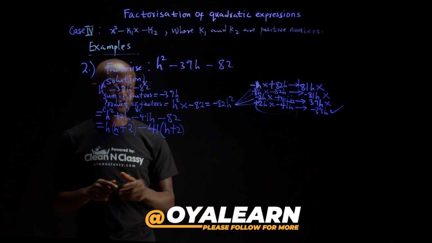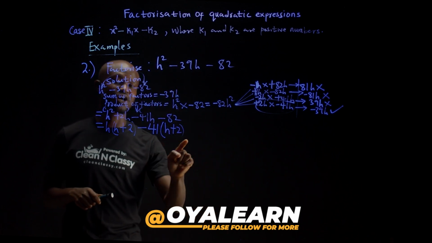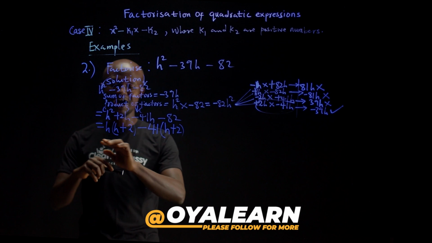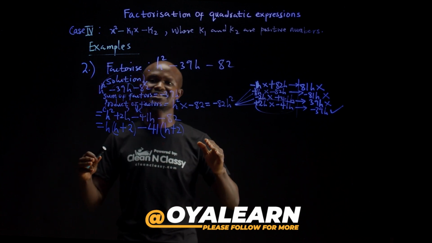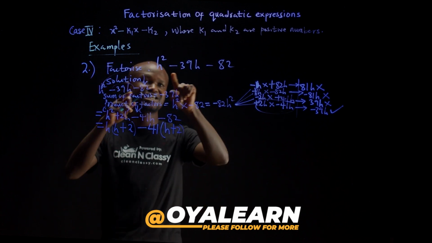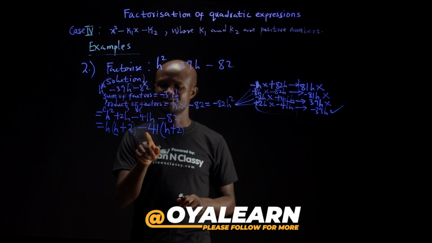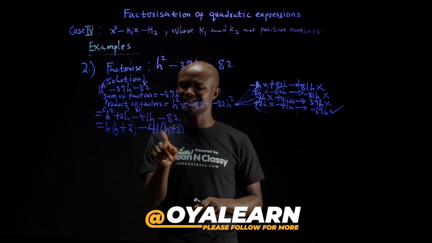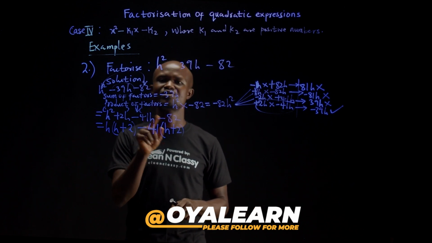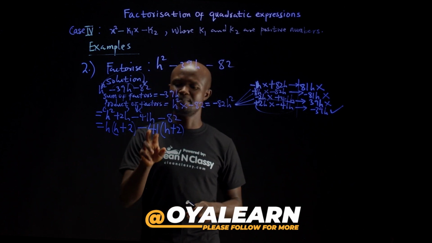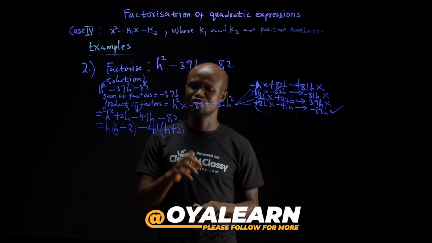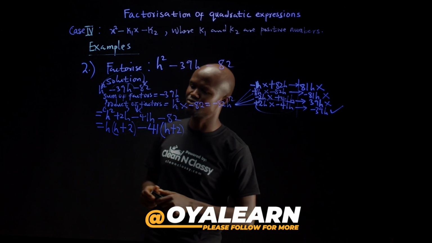Now, you just have to confirm whether what you have copied is correct, or whether what you are having at this level is valid for this quadratic expression. Now, let's check. Minus 41 times h, minus 41h. Minus 41 times plus 2, we have minus 82.